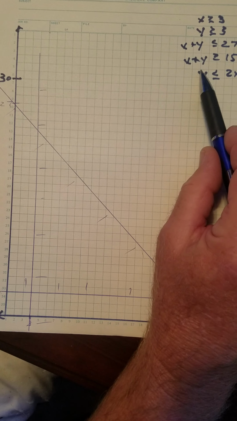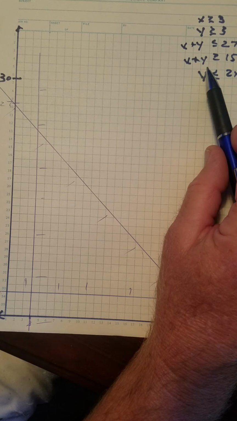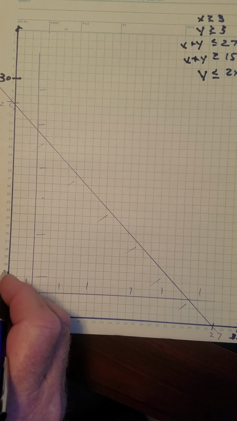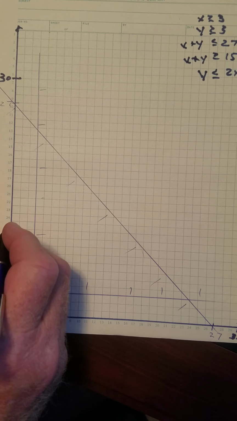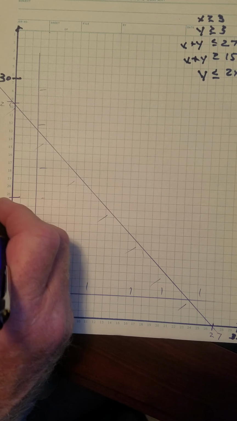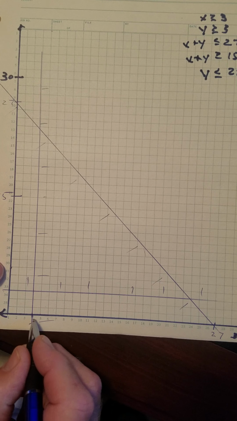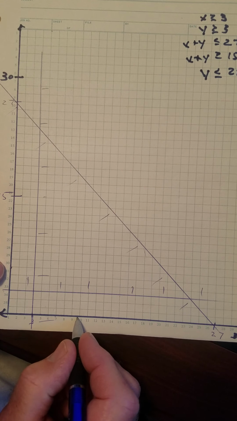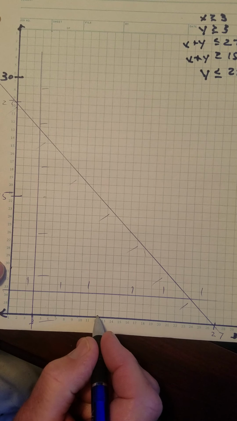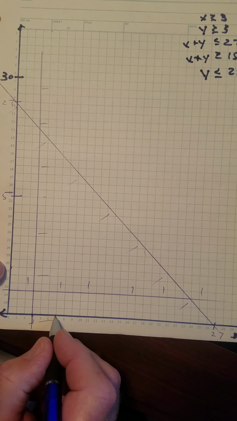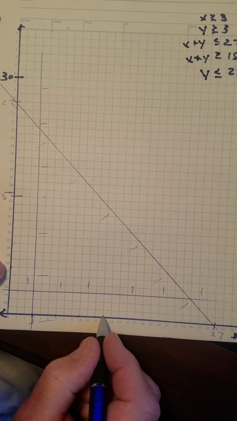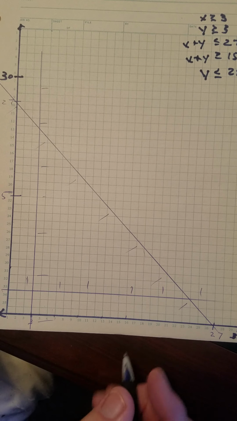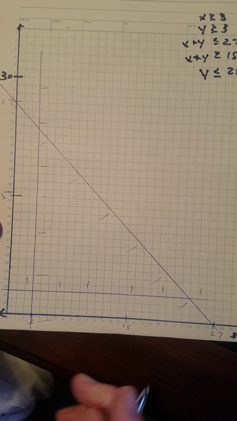Okay, let's go to x plus y greater than or equal to 15. So the x-intercept's 15, the y-intercept's 15. 3, 6, 9, 12, 15. I just lost count. 3, 6, 9, 12, 15. It gets confusing. There's numbers that are pre-printed on there, but they don't really match. 15 hits right there.